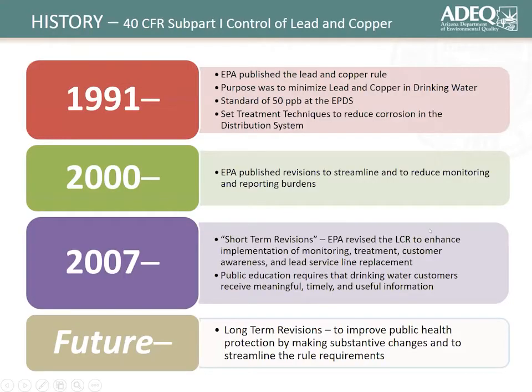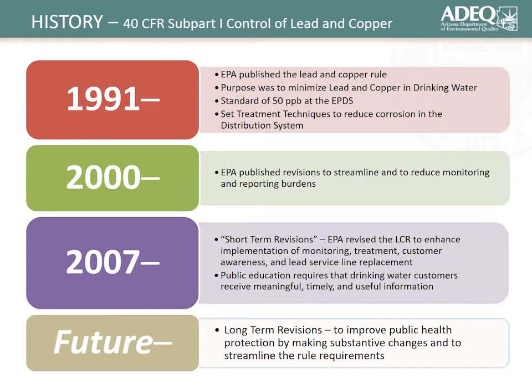So just over the history of the lead and copper rule: like I said before, 1991 is when EPA established the first lead and copper rule. Over the last few decades, we had some revisions that helped enhance and tighten the public health aspect of lead and copper releases through drinking water and premise plumbing.